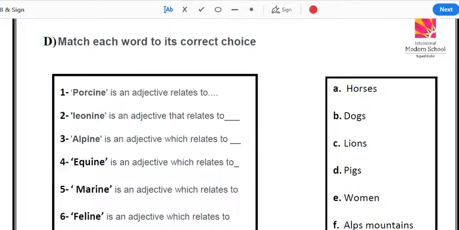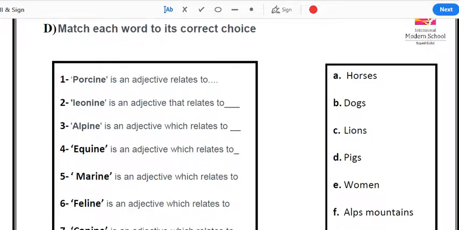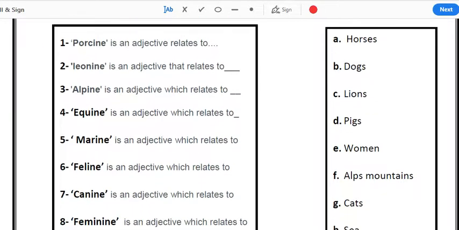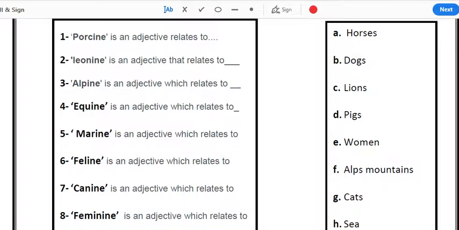Exercise D. Match each word to its correct choice. We have 8 choices and we have to match them with the other part. The first one is porcine, an adjective that relates to. Leonine is an adjective that relates to. Alpine is an adjective that relates to. Equine, marine, feline, canine, feminine.